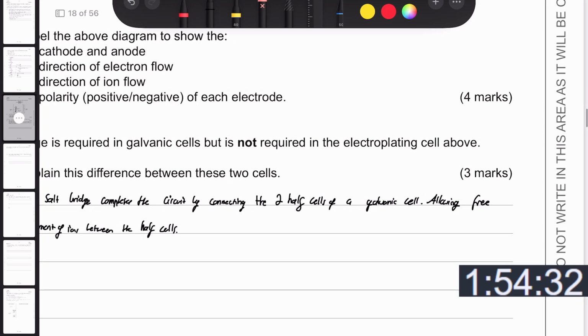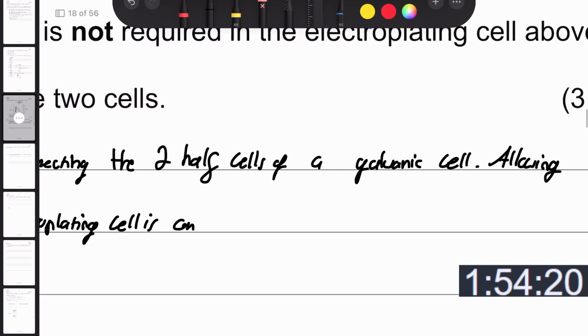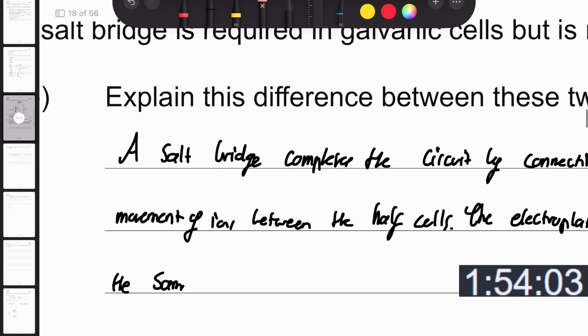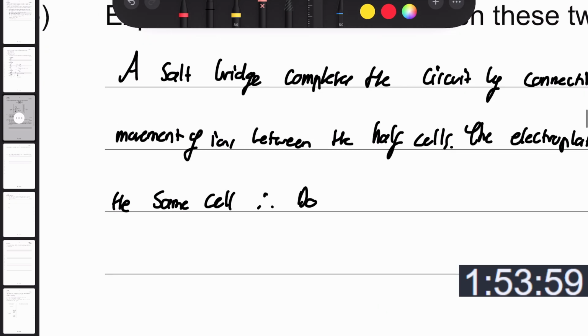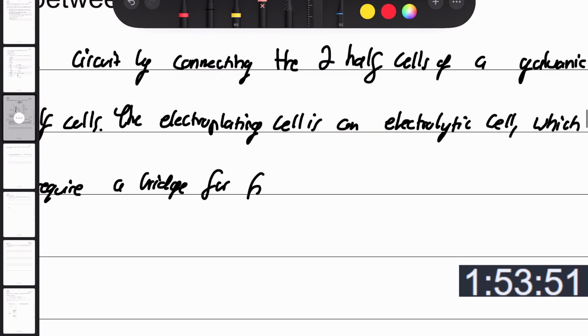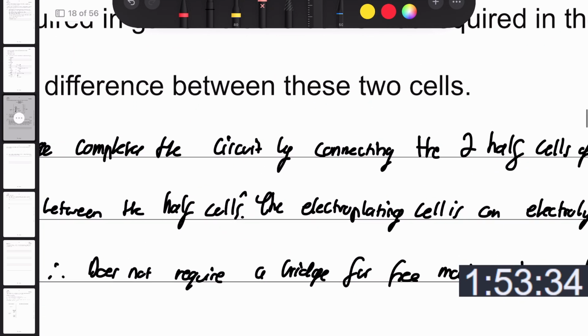In an electrolytic cell, the electroplating cell is an electrolytic cell which has both electrodes in the same cell, therefore does not require a bridge for free moving ions to travel between the electrodes, between the half cells to the electrodes.